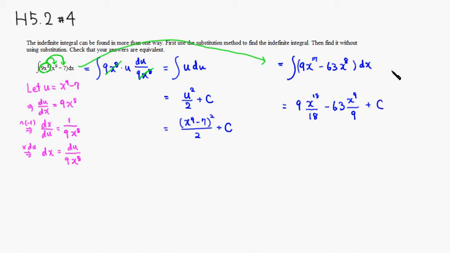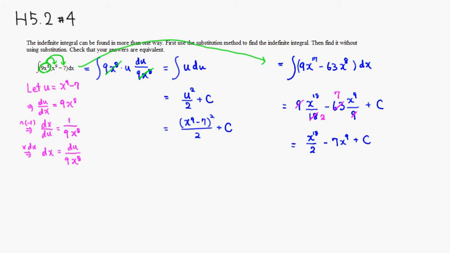Right? So we can simplify. So you have a 9 here, 18, so it's 2, cancel out, and then you have 9 and you have a 7. All right. So what you get is x to the 18 over 2 minus 7x to the 9th power plus some constant c.